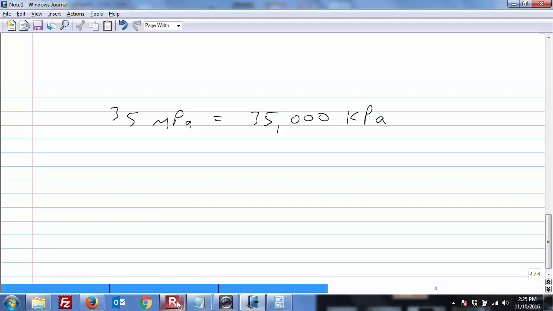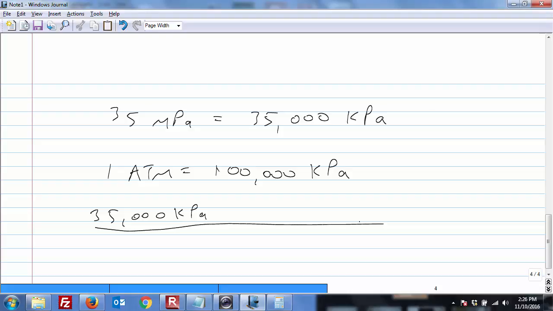So if we start with 35,000 kPa, we want to turn that into atmospheres. We know that one atmosphere is 100 kPa, or 100,000 pascals.